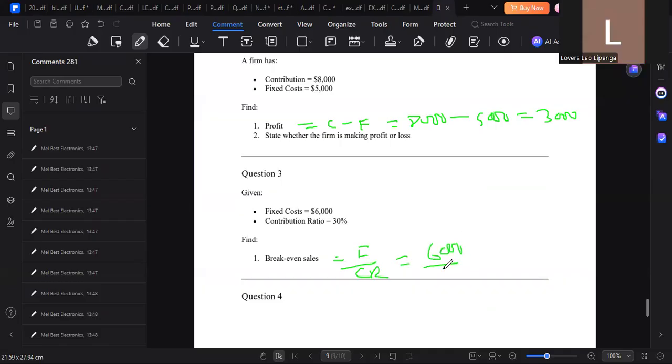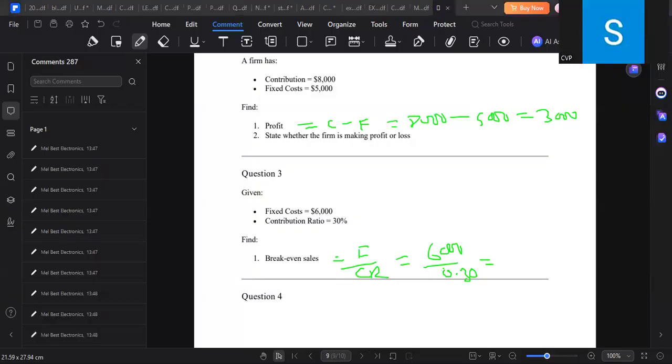Contribution ratio is 30%. So what do we get? 20,000. Okay, that's correct.